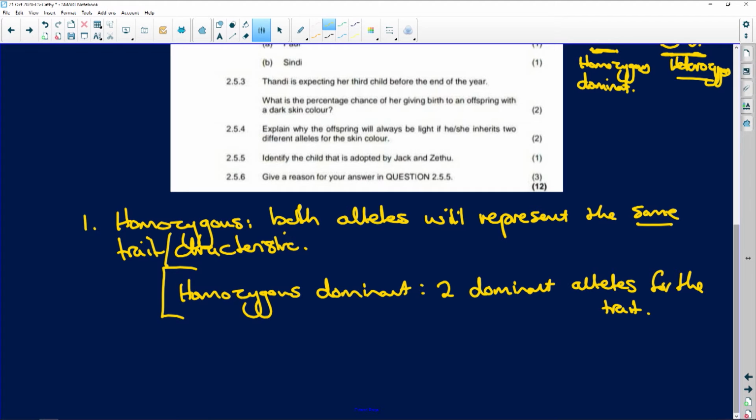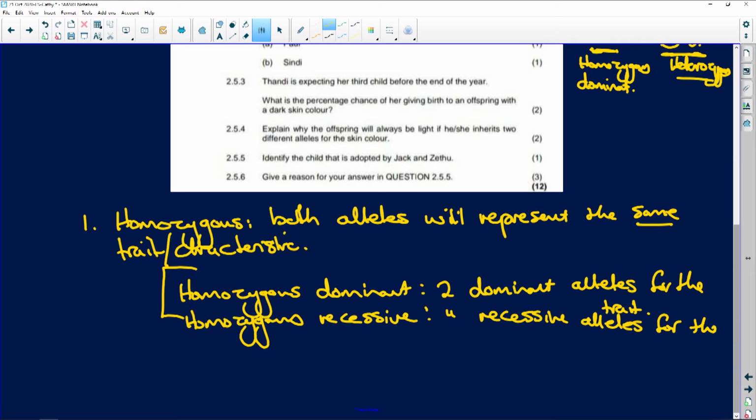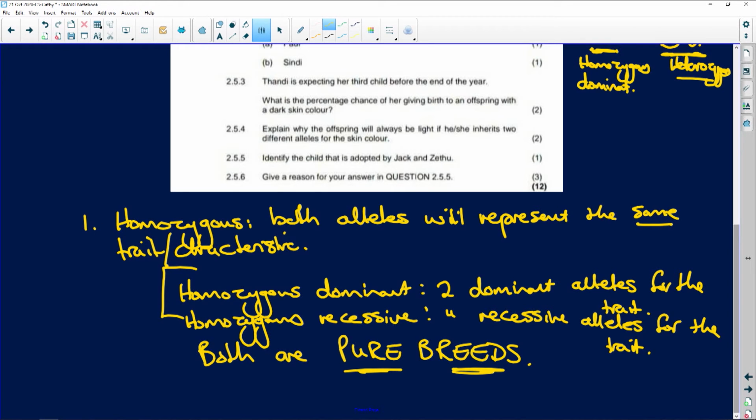And if it is homozygous recessive, it's exactly the same, but you have 2 recessive alleles for the trait, and both are pure breeds. And that's important. They are both pure breeds.